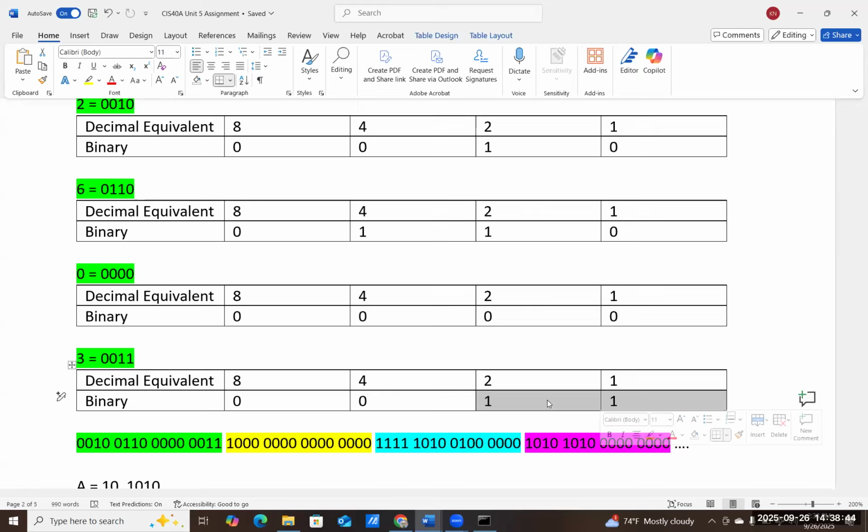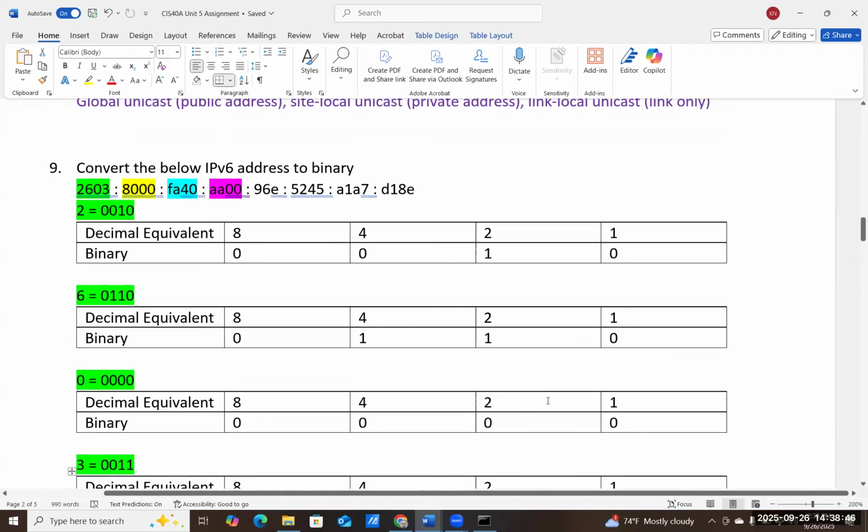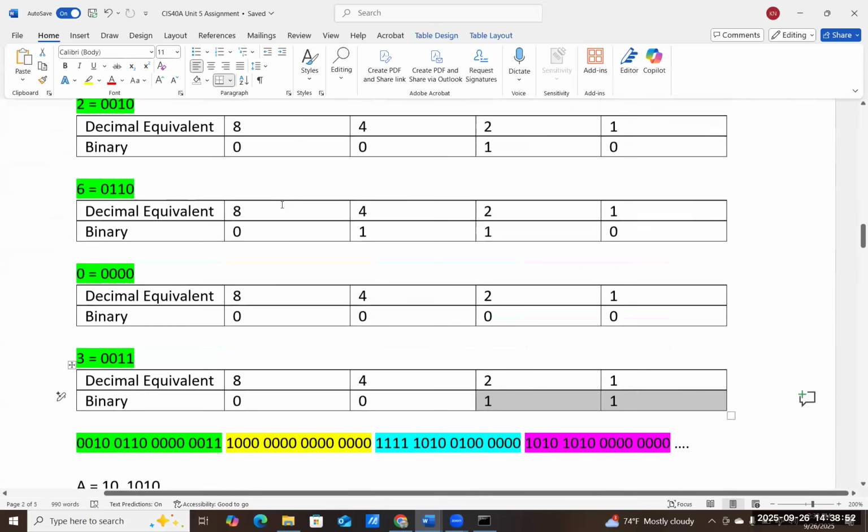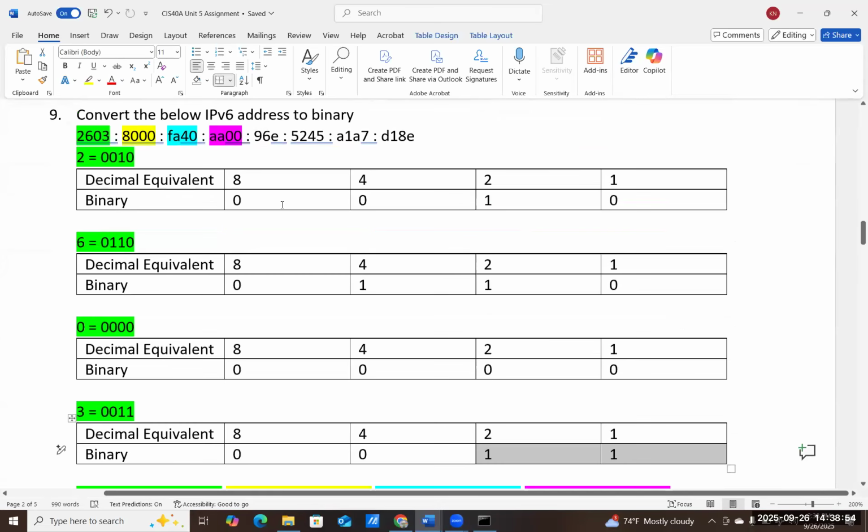Now you can also plug it into your programmer calculator and check, okay? I don't need you to show all the work like in a math class. The whole point of this demonstration is to show you how it gets converted. To sum it up, when you convert hexadecimal to binary, there are 4 bits.